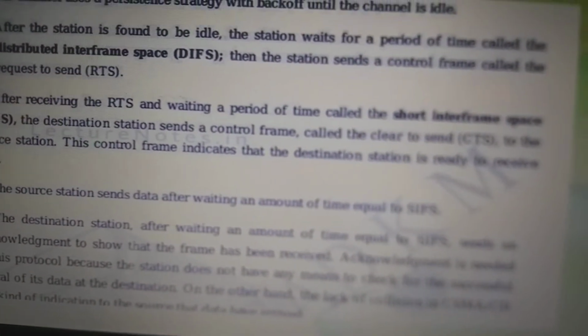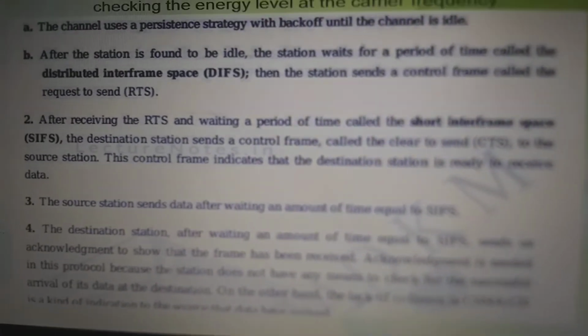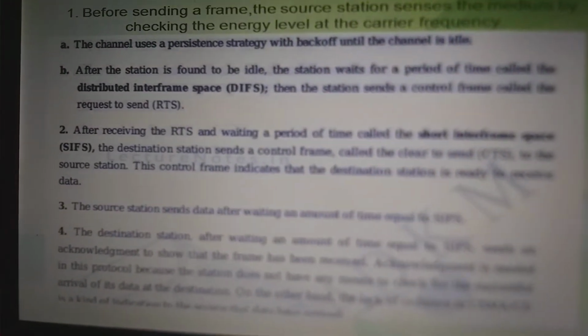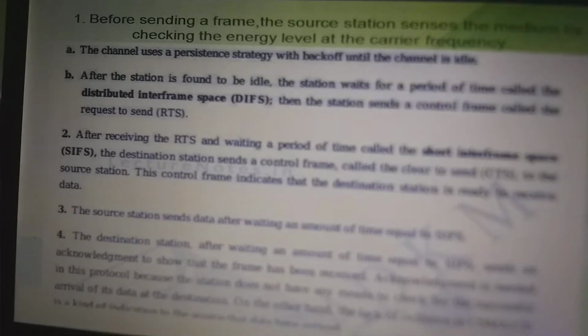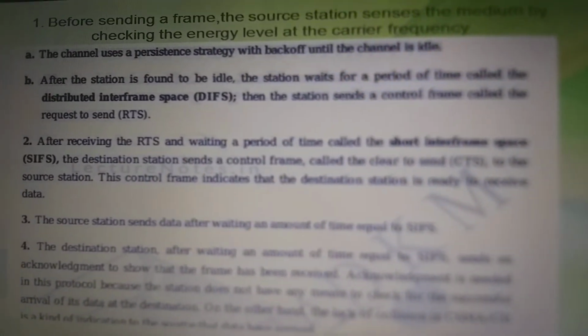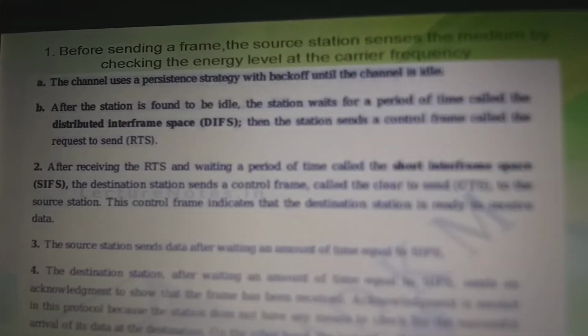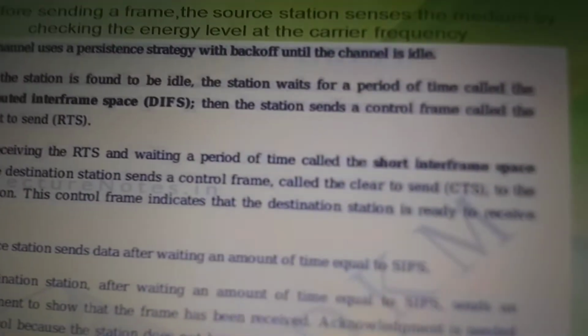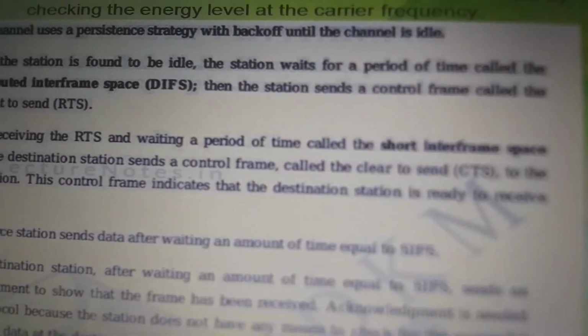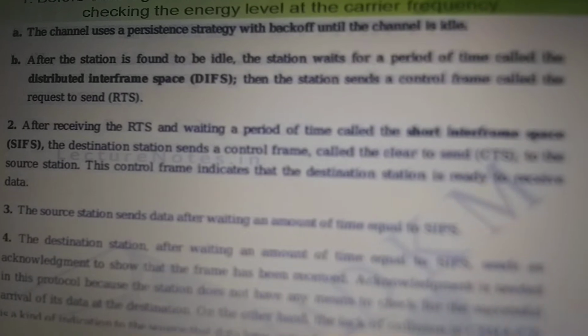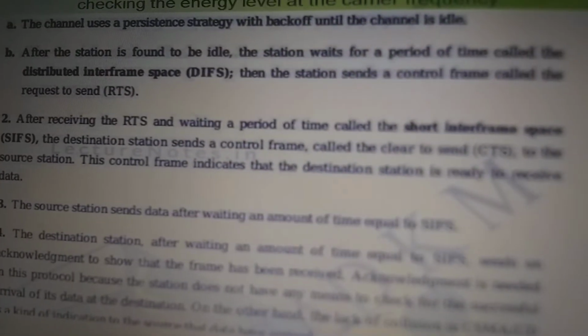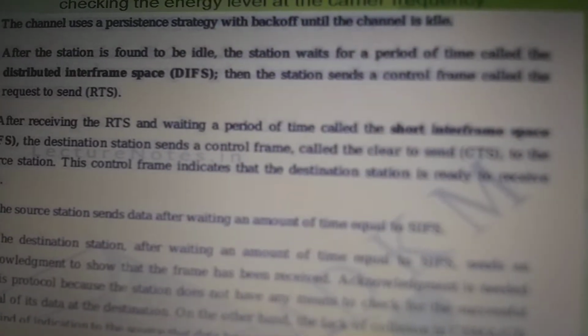Then the station sends a control frame called the request to send, in short RTS. Second, after receiving the RTS and waiting a period of time called the short interframe space, SIFS, the destination station sends a control frame called the clear to send, CTS, to the source station.